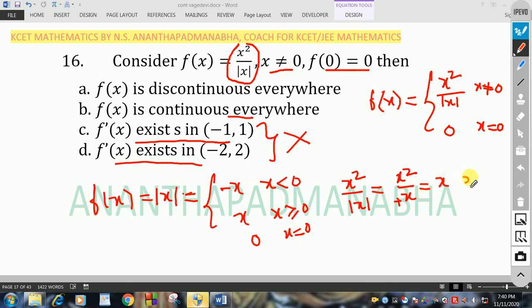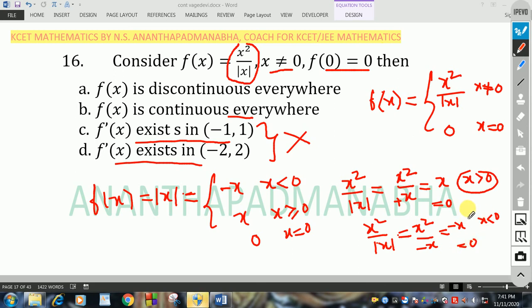For x greater than 0 it is x, and as x tends to 0 plus, this becomes 0. Similarly, x square by modulus of x is equal to x square by minus x, so that will be minus x for x less than 0. This is also 0 at x equal to 0, so I will get 0 in both the cases.